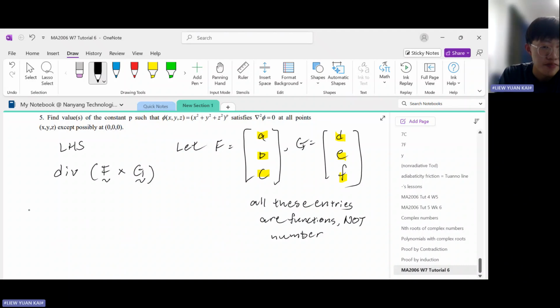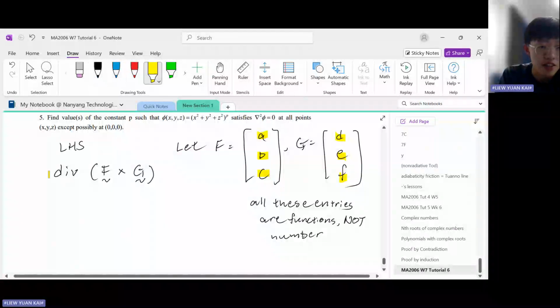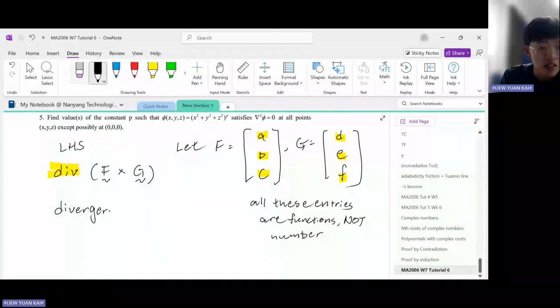Now we need to take the div of this. We haven't gone through the definition of div. Div is short for divergence. So what is the definition of divergence of f?